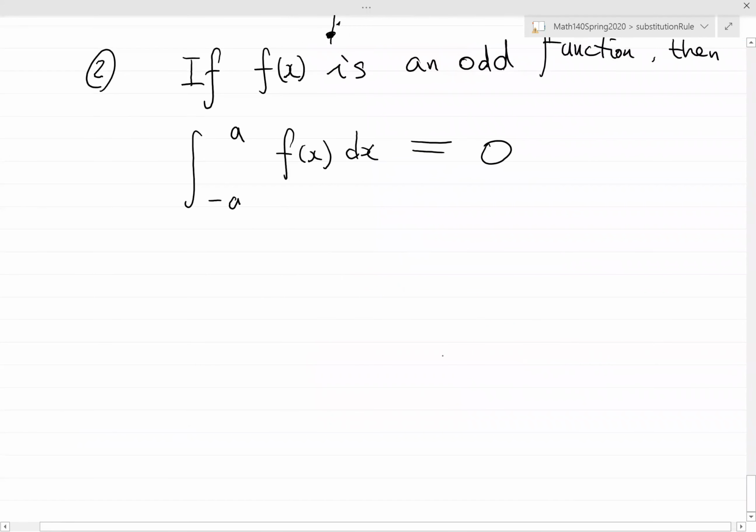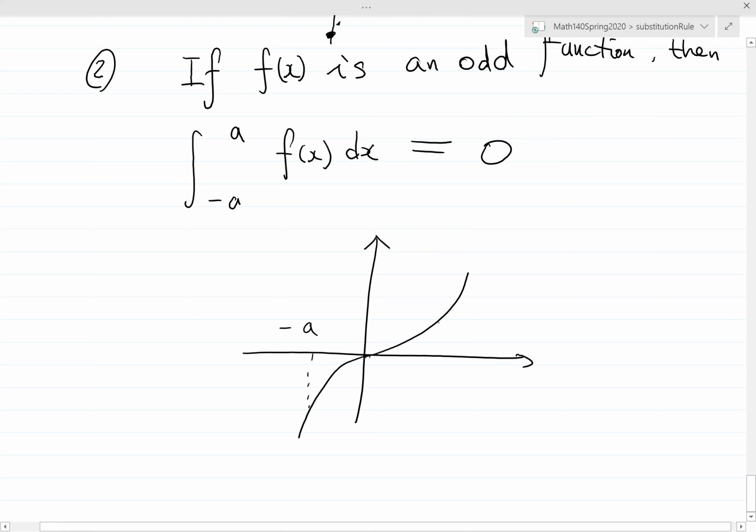The idea is odd functions are symmetric. Here, this is negative a and this is positive a. By symmetry, this part gives positive area and this part gives negative area. They have the same area, but one is positive, one is negative. So they cancel out each other.